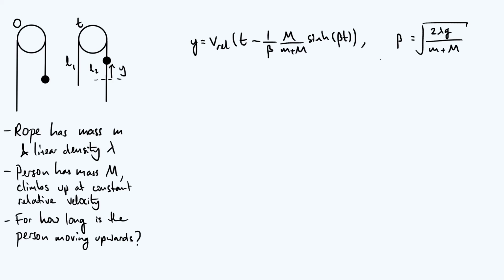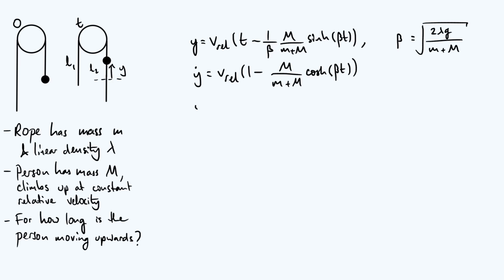But in order to actually find how long they're moving upwards for, you're going to have to differentiate and find y dot. So if we do that, we get this v_rel factor. t differentiates to 1. This second term will become big M over m plus M times hyperbolic cos of beta t, right? This 1 over beta factor cancels when we differentiate.